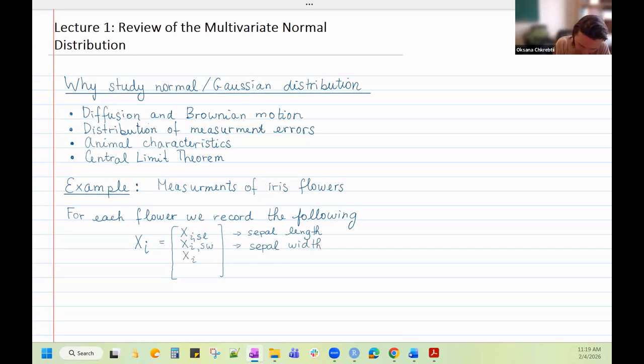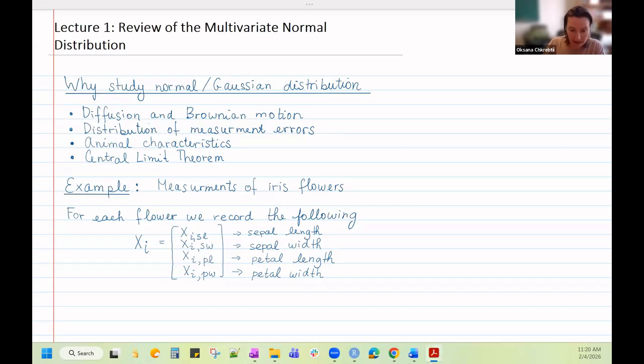Then we're going to look at the petal length, PL subscript. And the petal width, PW. So those 4 variables are recorded on each individual.